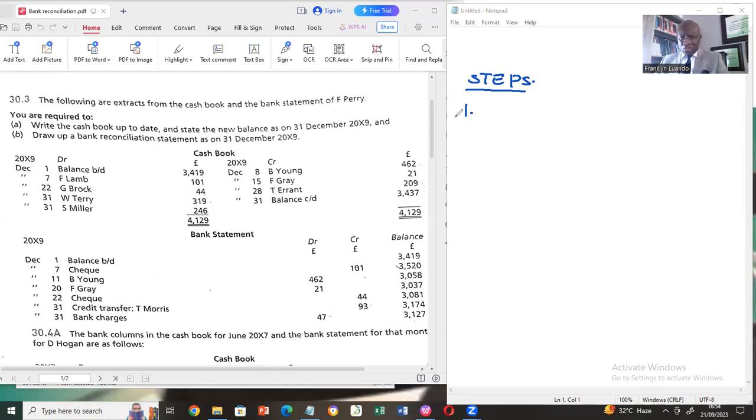So identify those items or transactions on the bank statement but not in the cash book.